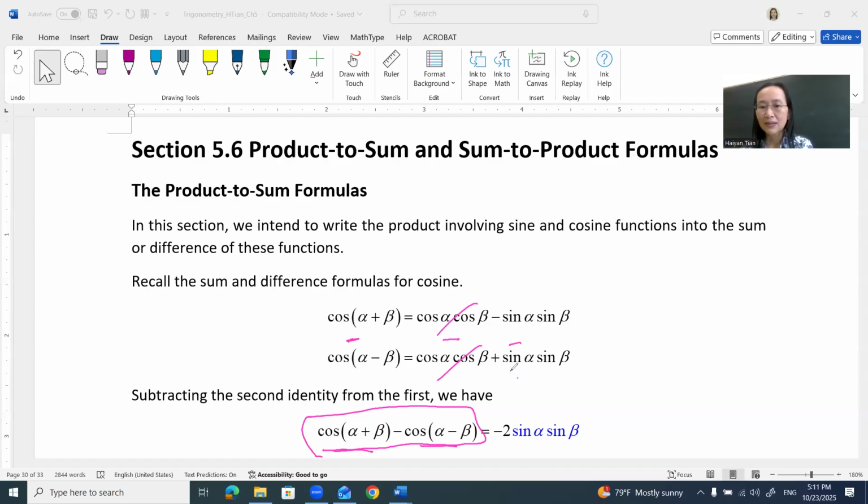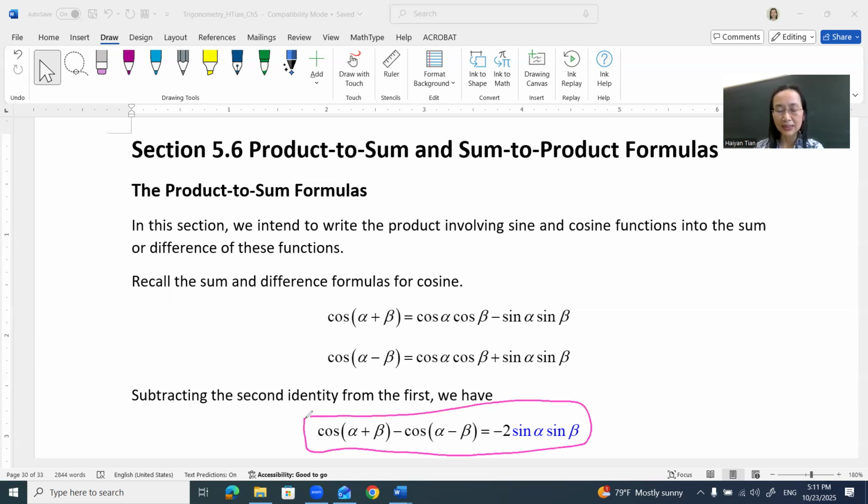And we will have -2 times sine alpha, sine beta, because there's another negative of this quantity. So after you do the subtraction, we get a new identity.